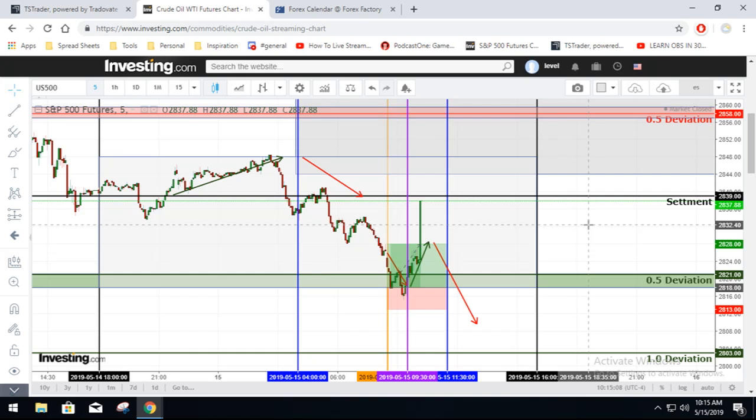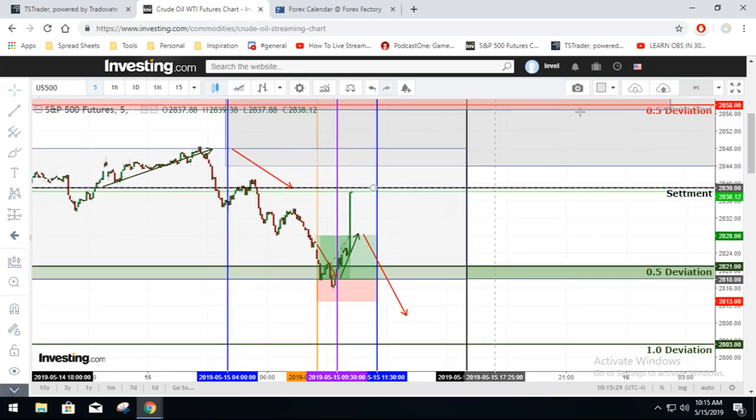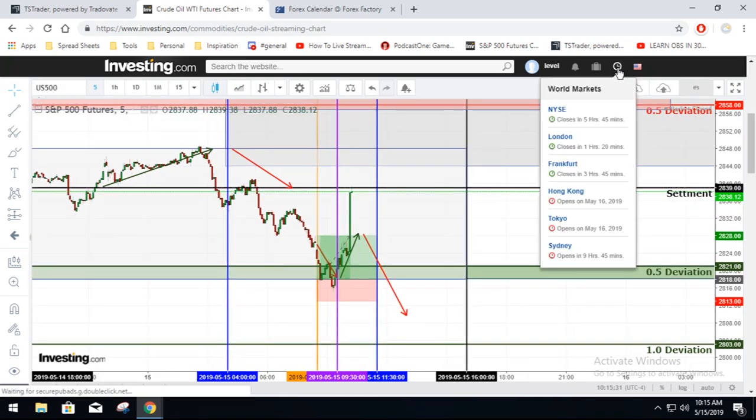So we have this area here. Unless it's a news event or something that just happened, we're just gonna test back, monitor the market, and look at entering the market. You can see I have my time delineation here. Look for a trading opportunity at 11:30, which is London close. London closes at 11:35, which is 120 minutes.